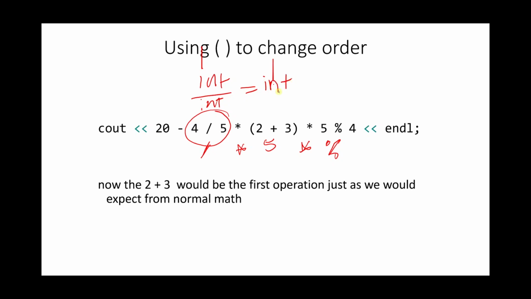So basically, if I say 4 divided by 5, this is 0.8 naturally in math, but in programming, I only take the int part, the whole number part, which is 0. So this is 0. 0 times anything is 0. So the final result is going to be 20.